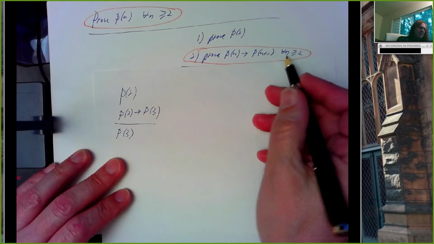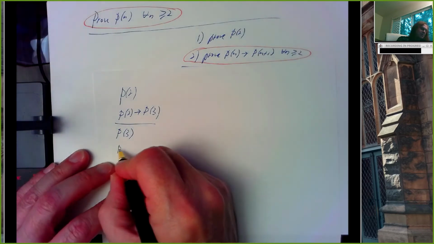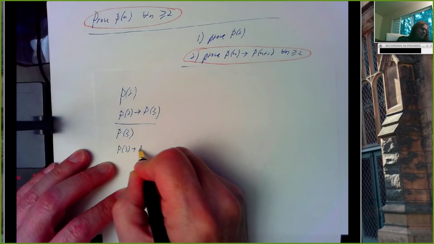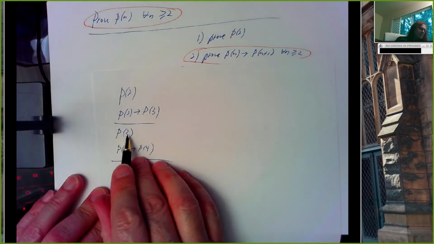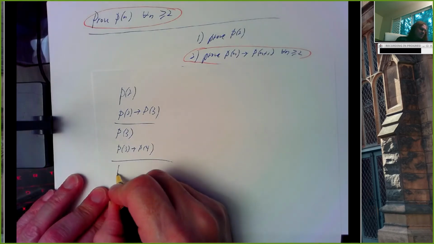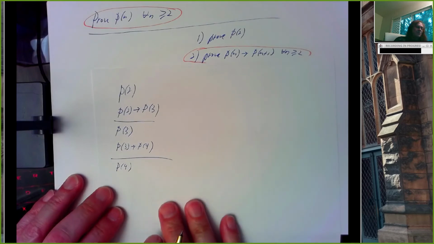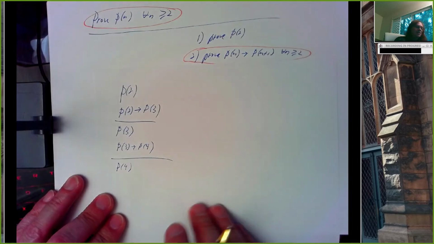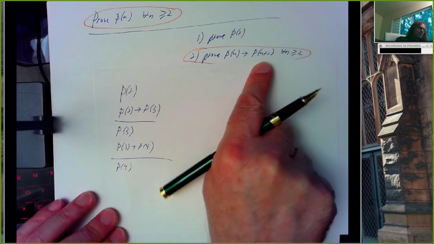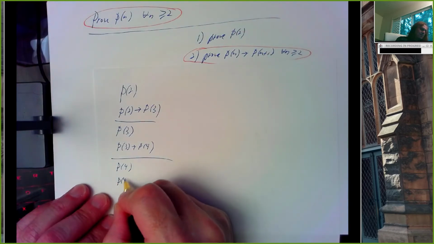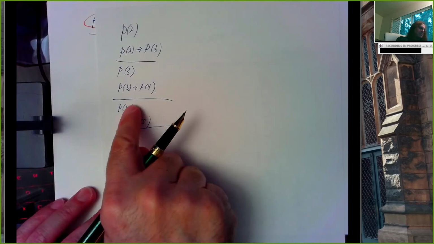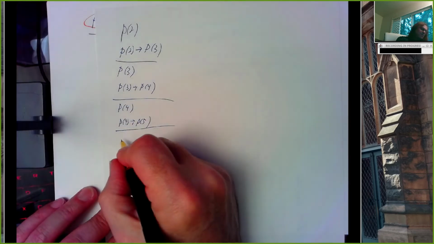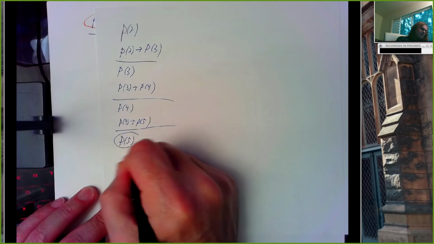Well, if I set n equal to 3, this statement says P of 3 implies P of 4. So use detachment again. P of 3 is true, P of 3 implies P of 4. That proves P of 4. And if I let n equal 4, this says P of 4 implies P of 5. Use detachment one more time. P of 4 is true, P of 4 implies P of 5. Therefore, P of 5 is true.